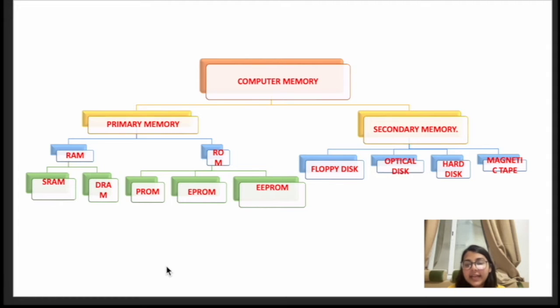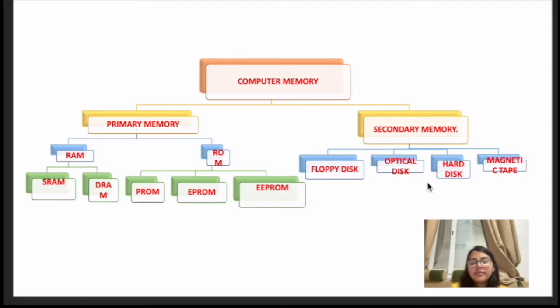And then we analyzed the types of memory, that is RAM and ROM, and secondary and primary memory also. Here you can see the ROM is further divided as SD-ROM, PROM, EROM, and EPROM. And secondary memory has four types, that is floppy disk, optical disk, hard disk, and magnetic disk. Okay, are you clear with this point, students?